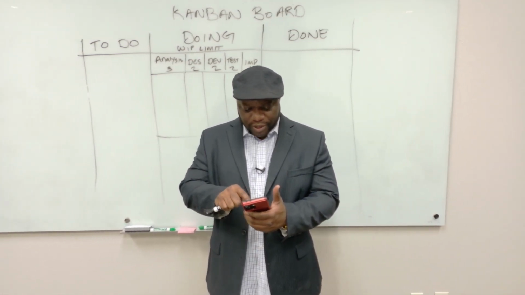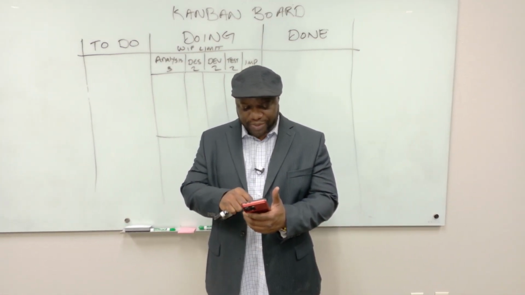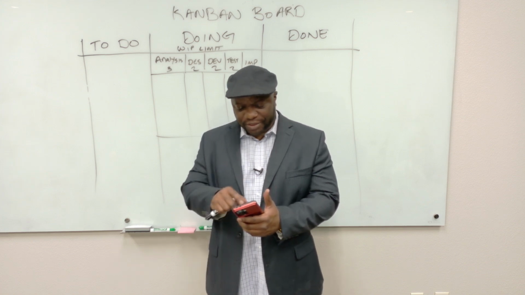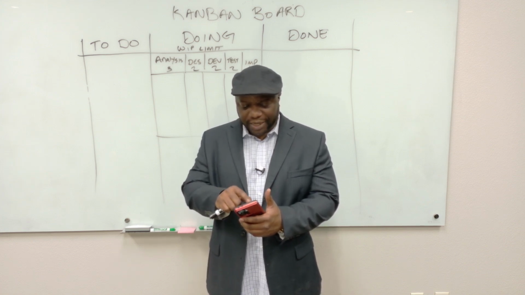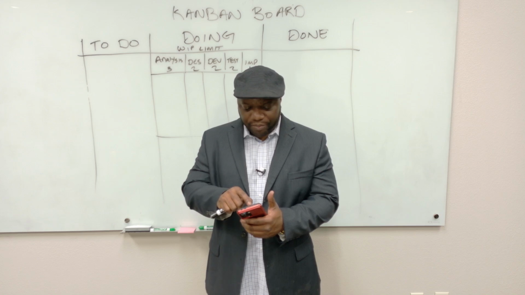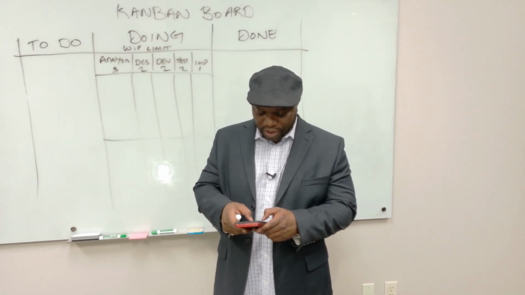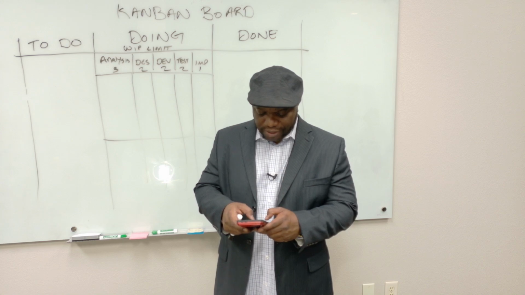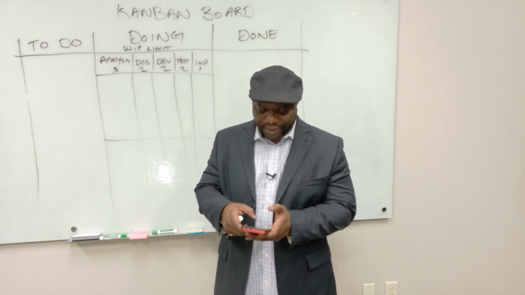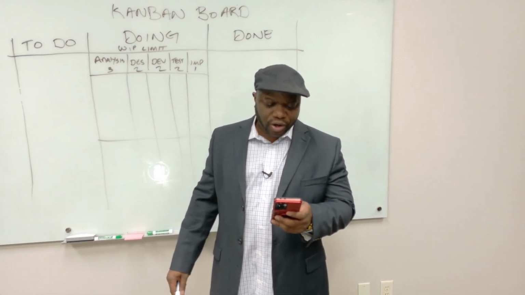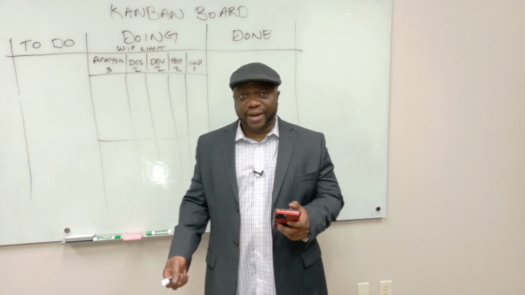Now, if you look on Ken Schwaber's site, scrum.org, he has a publication on Kanban that can help. It's called the Kanban Guide for Scrum Teams.